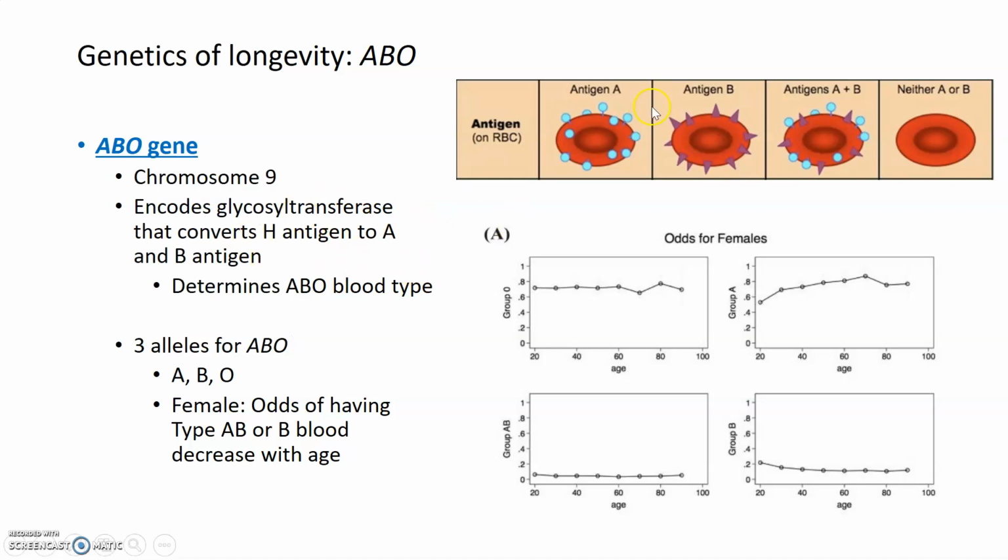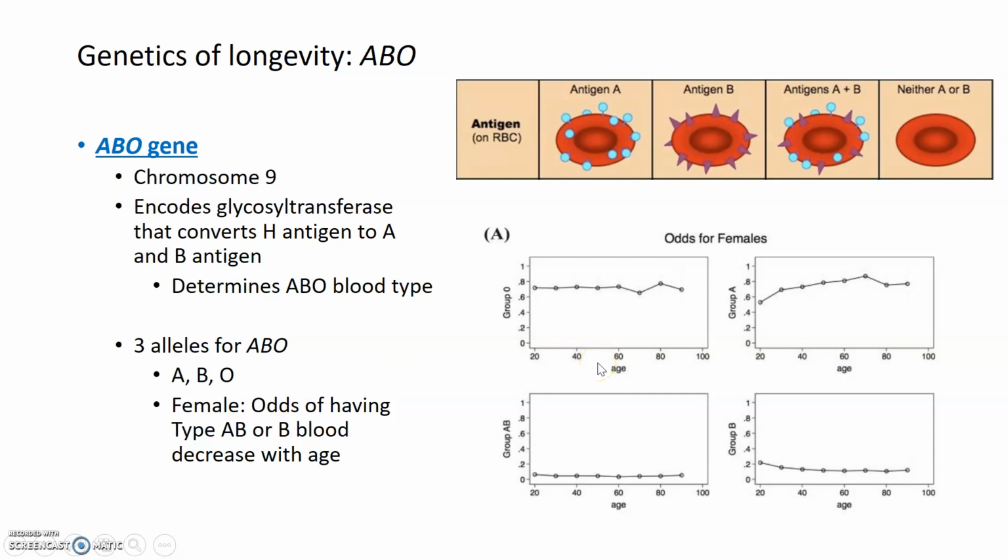So there's an enzyme that can cleave H antigen on the outside of red blood cells and convert it into either A or B. And then depending on which allele you have for the ABO gene, that will determine what antigens you express and ultimately what your blood type is.